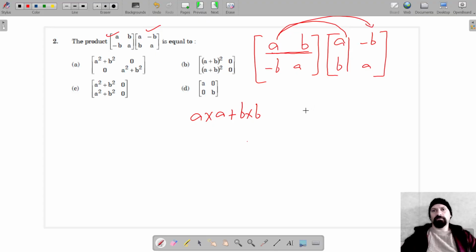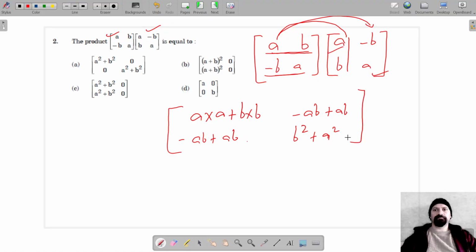So A into negative B is negative AB plus AB, which is 0. Now use the second row with the first column. So negative AB plus AB, and use the second row with the second column. So this is negative B into negative B is B square plus A square.